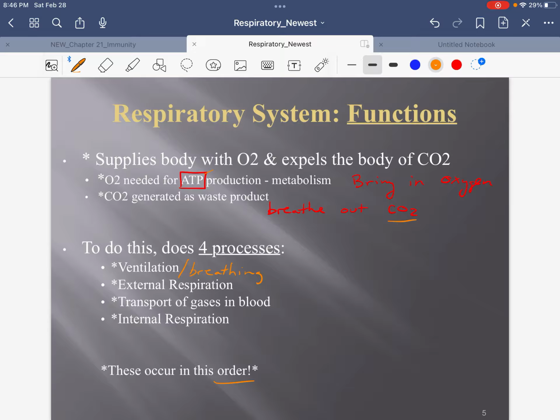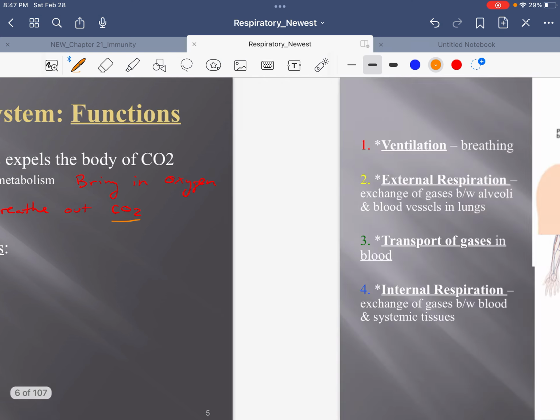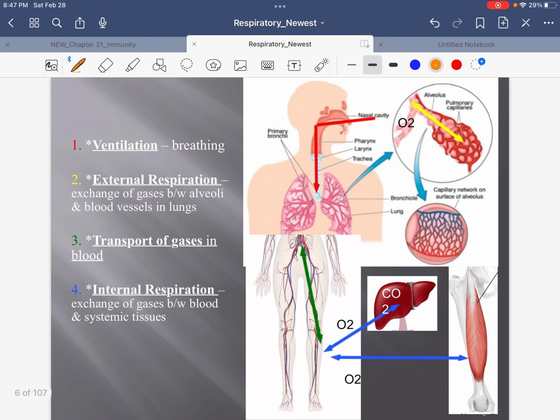Then we do our first gas exchange, which is exchanging oxygen between the lungs and the blood. Then we transport that oxygen-rich blood throughout the body, where we have our second gas exchange, exchanging gases from the blood to the tissues. We're going to talk more about this later. For now, just introduce yourself to it.